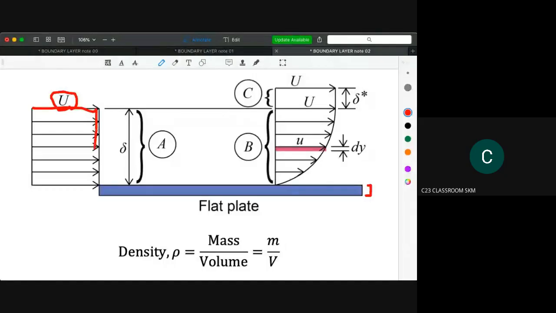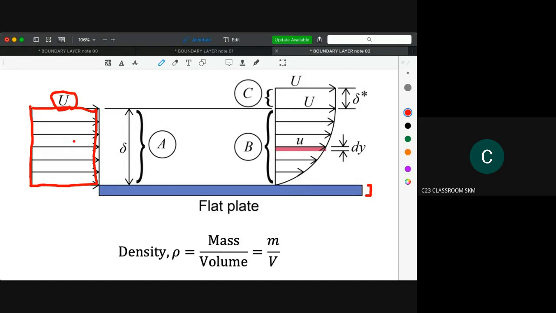Then we come to this diagram. I hope you could draw this diagram very, very well. For example, we have a thin plate like this one, and then we have a uniform flow like this. So the velocity distribution is rectangular.